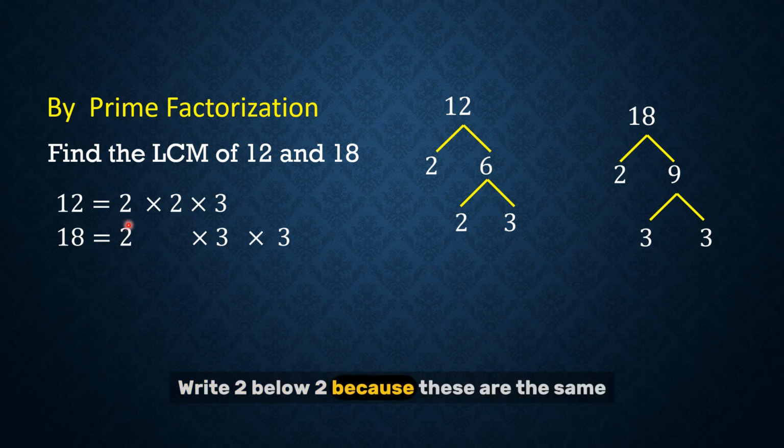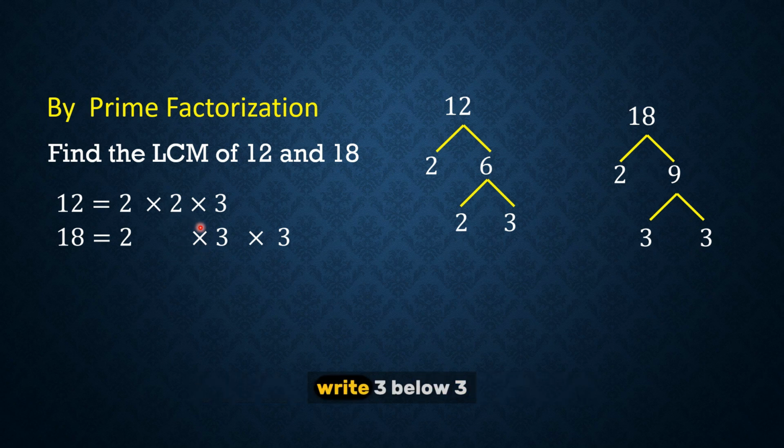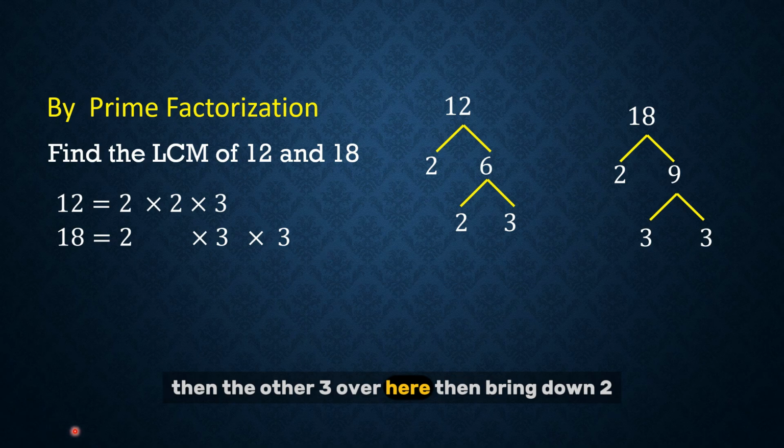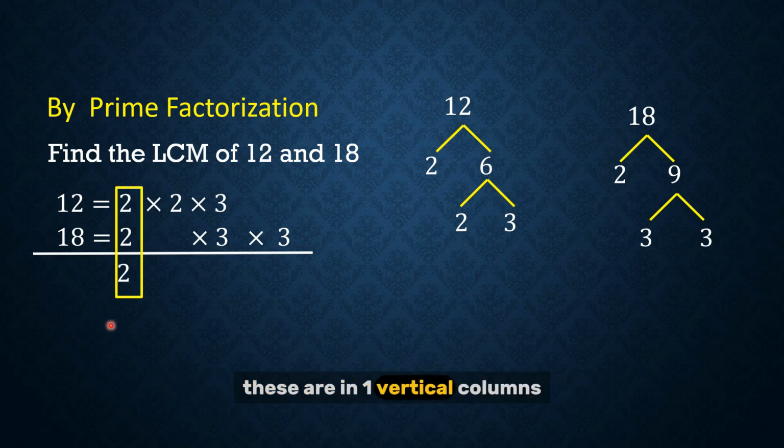Write 2 below 2 because these are the same. And then do not write 3 below 2 here. Write 3 below 3. Then the other 3 over here. Then bring down 2. These are in one vertical column. And then times 2, bring down 2. Then times, bring down 3.